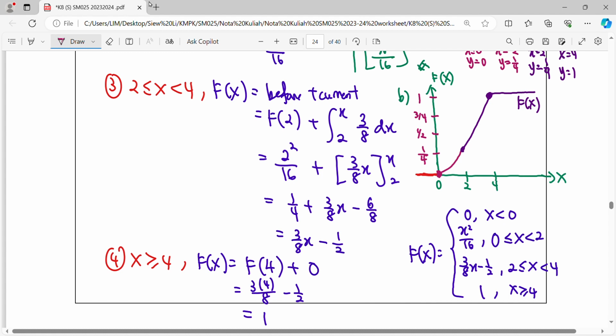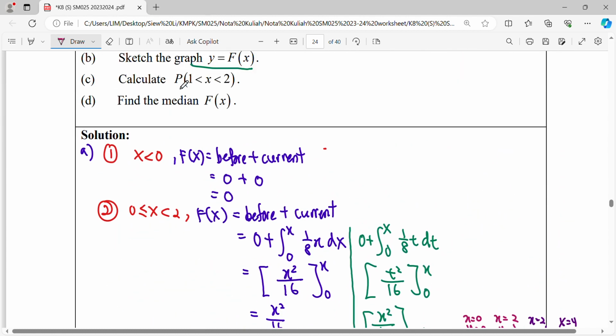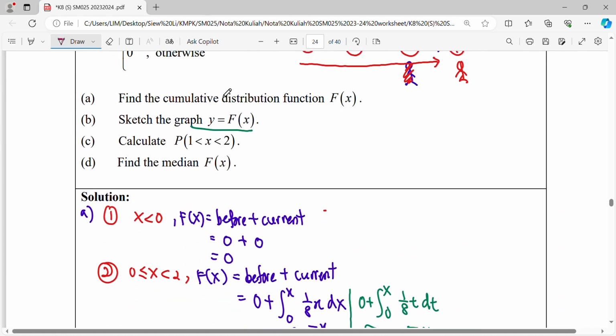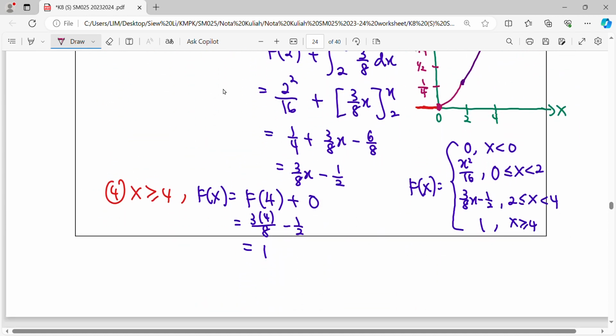Alright, then continue for part C, what they want. They are asking for the probability from 1 until 2. By using the cumulative distribution function, how to find the probability?